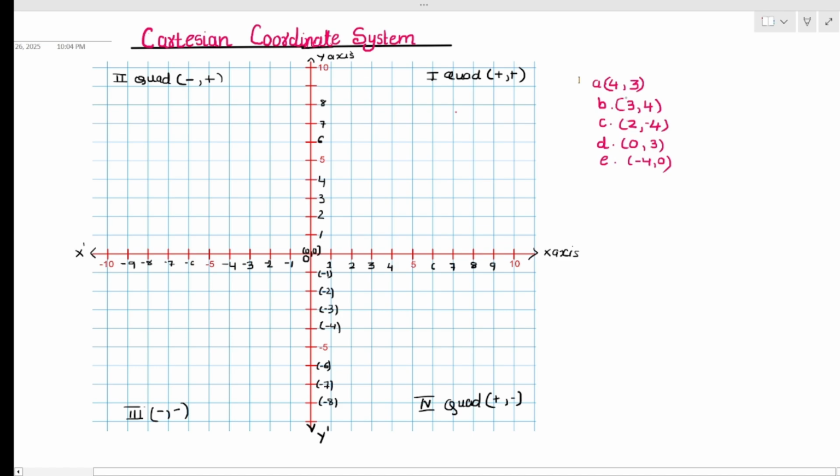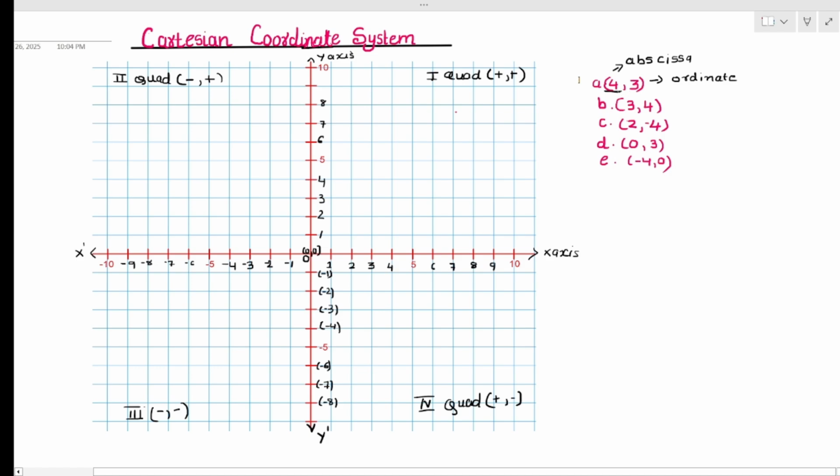Whenever there are two numbers, they are called coordinates, in which your first number is always your x-axis number, which is called the abscissa. And your y-axis number is called the ordinate. Always remember your x-axis number is in front and your y-axis number is at the second position.